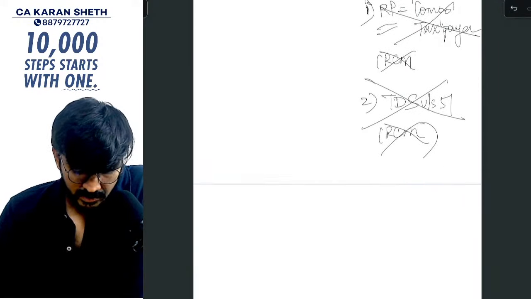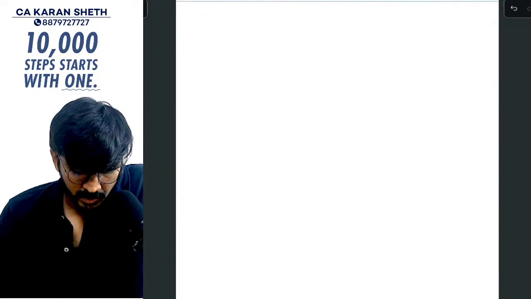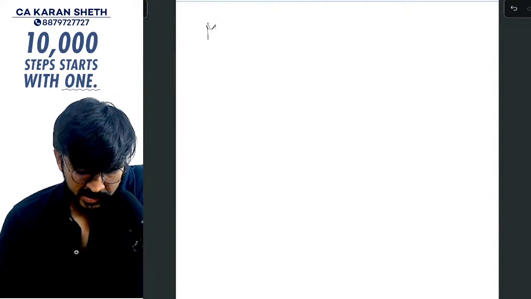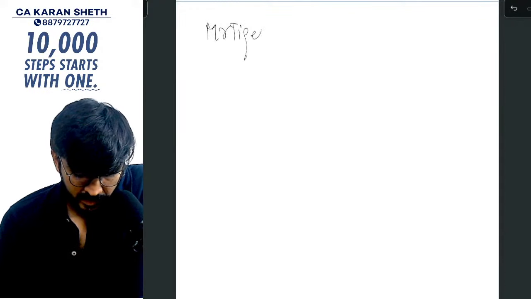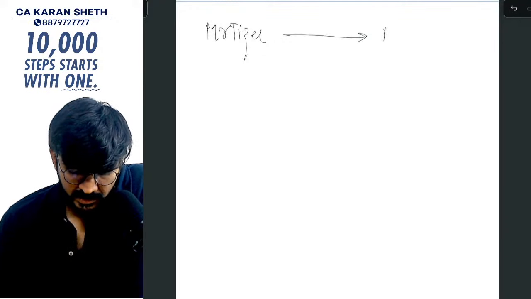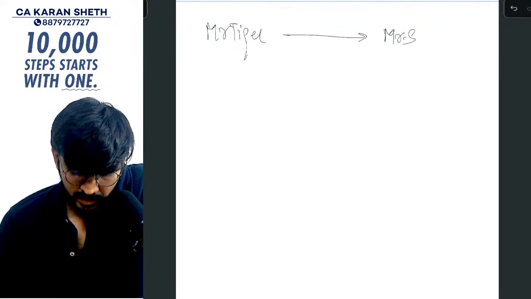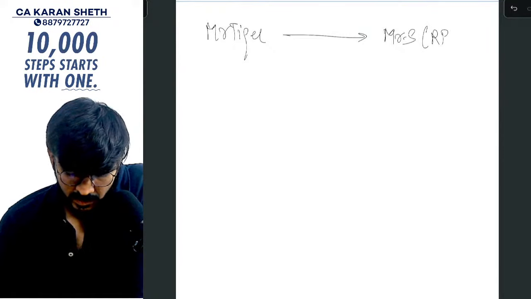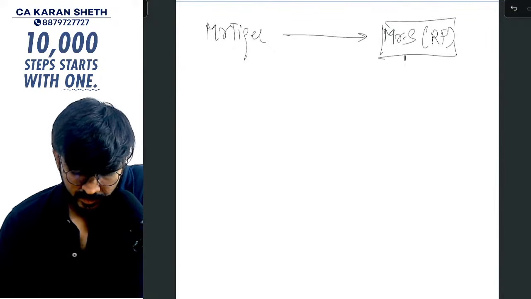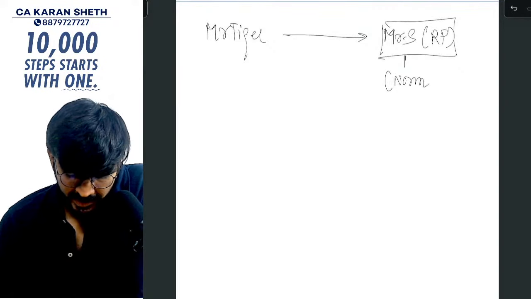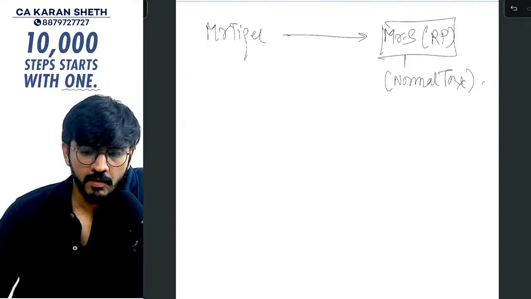Yes, sir. Okay, perfect. So tell me one thing. If, let's say, Mr. Tiger is giving service to Mr. Salman, who is a registered person, normal taxpayer, who will pay tax? Quickly tell me. Who will pay tax?